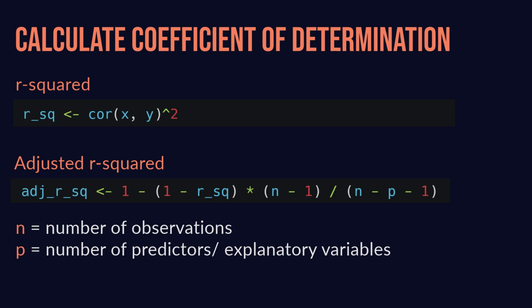It is considered a better measure for comparing models with different numbers of explanatory variables and identifying which variables are truly important. R-squared tends to overestimate the model fit, while adjusted R-squared provides a more conservative estimate. If you're interested, here is the formula to calculate the adjusted R-squared. To keep it simple, we will not go into the details.